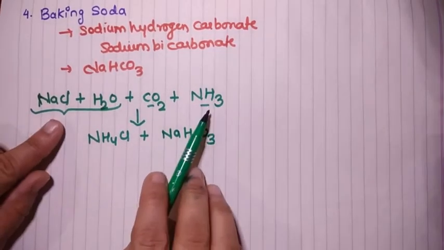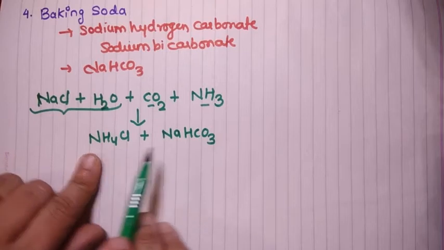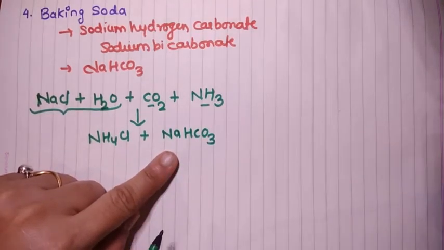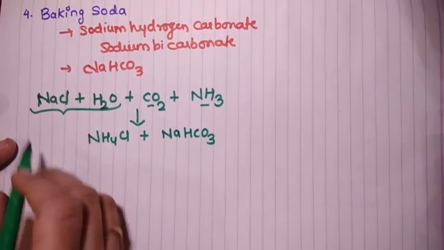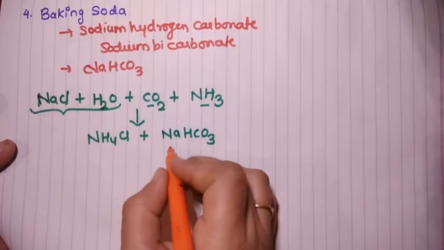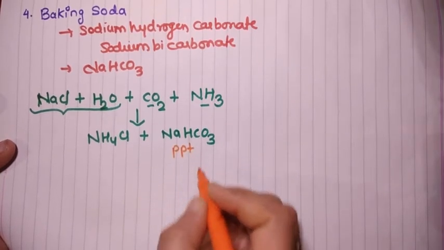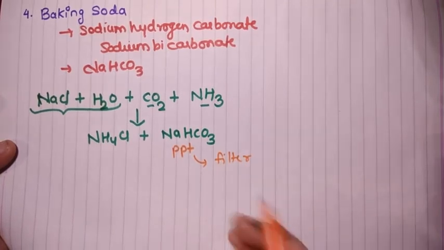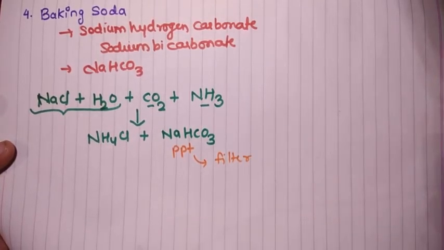So we will get ammonium chloride and baking soda. Also we can see that this sodium bicarbonate actually gets precipitated, so we can filter it and store it, and the ammonium chloride will remain dissolved in the solution.